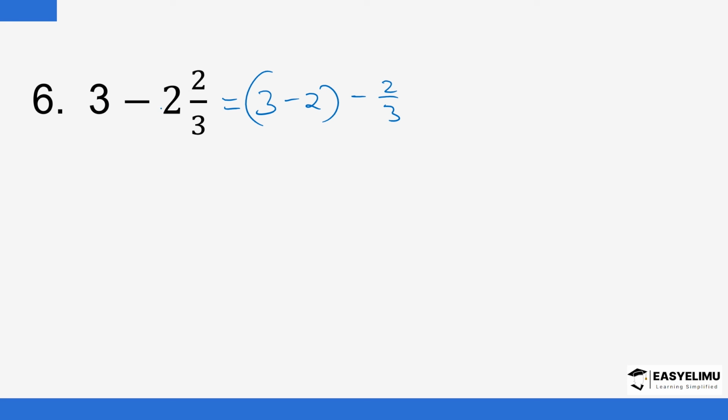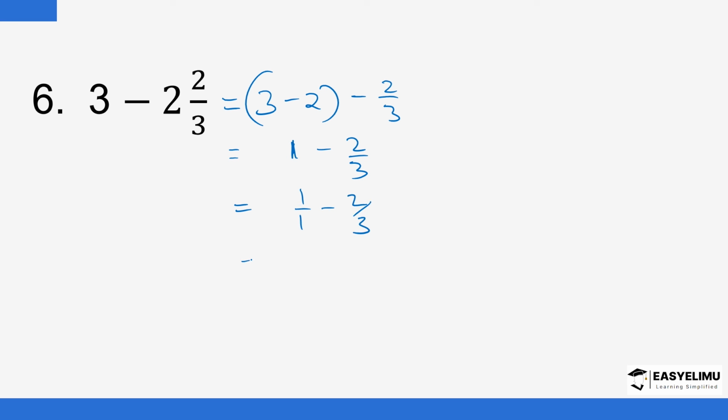You subtract 2 from 3, you have 1, and then minus 2 over 3. See? So 1 here is going to be 1 over 1 minus 2 over 3.